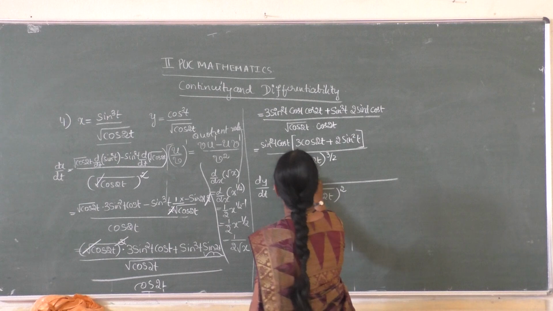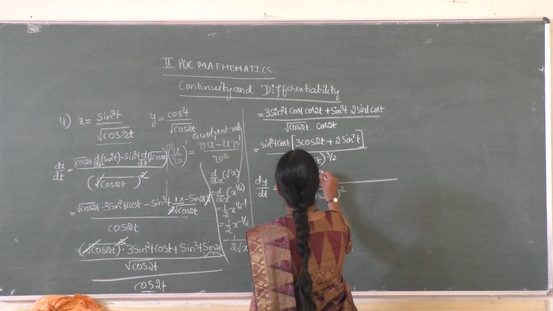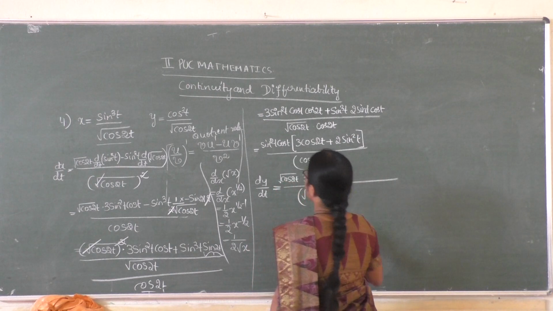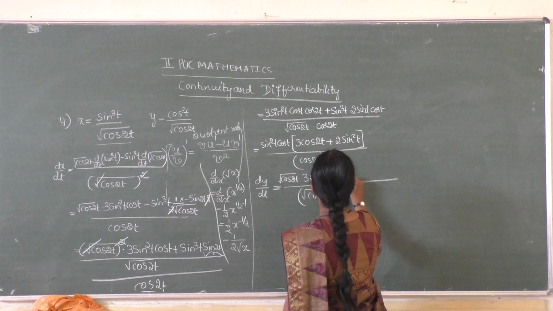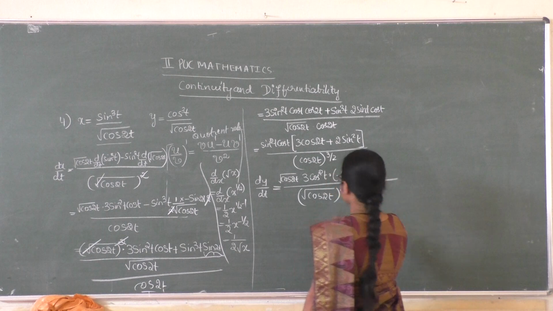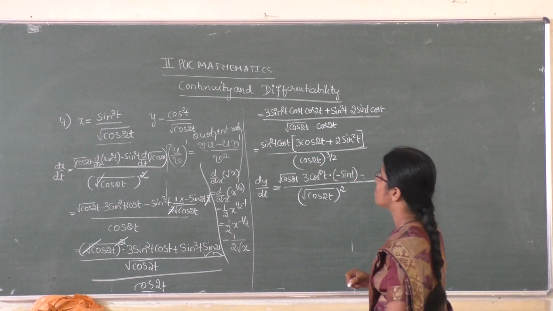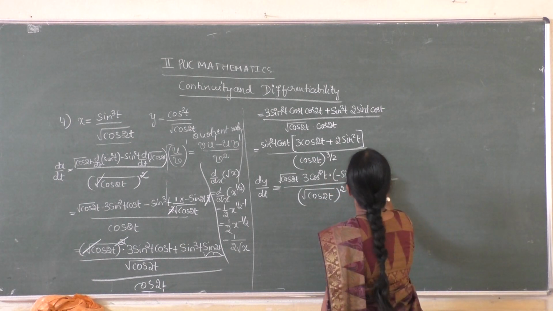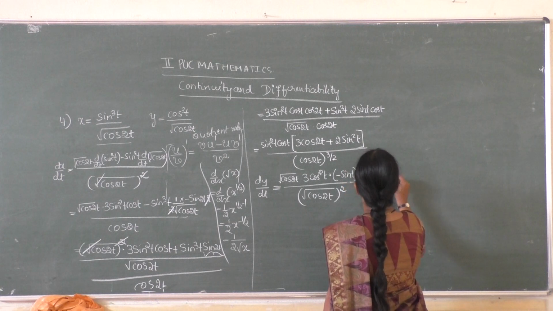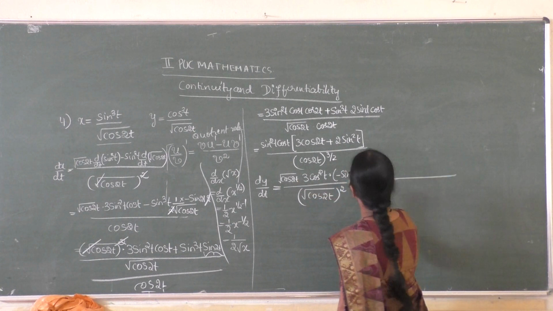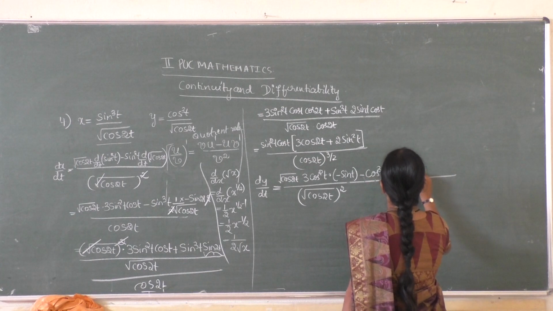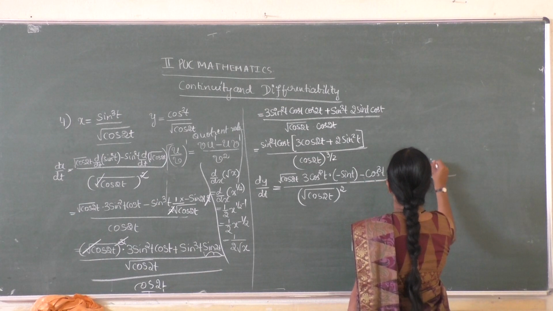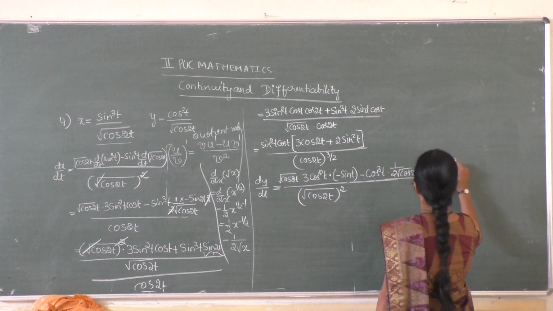Derivative of cos cube t is 3 cos square t into derivative of cos t, that is minus sin t, minus cos cube t as it is into derivative of root cos 2t, that is 1 by 2 root of cos 2t into minus sin 2t into 2.